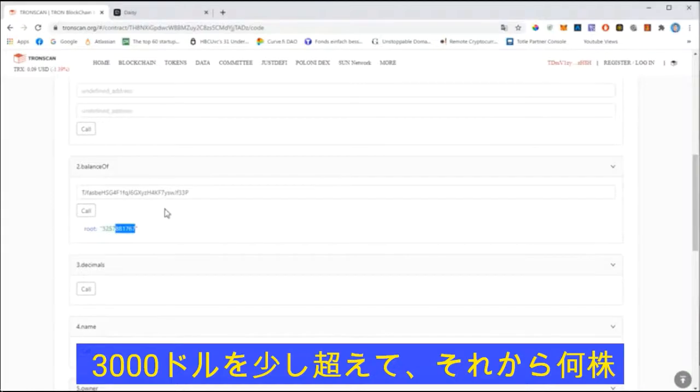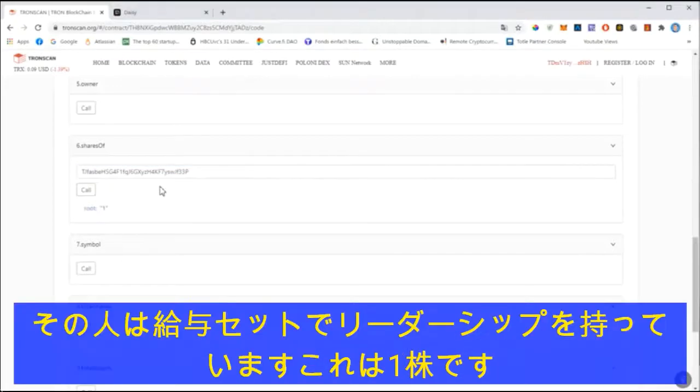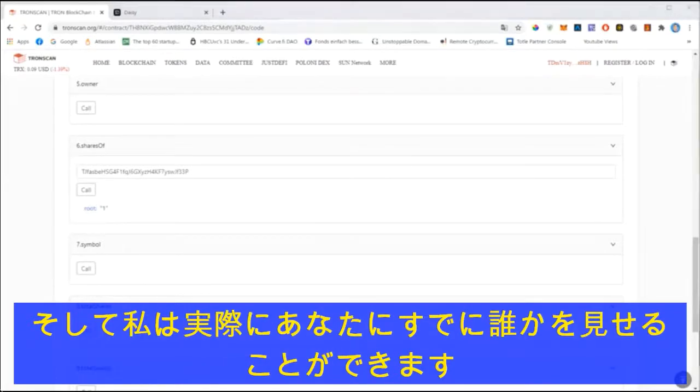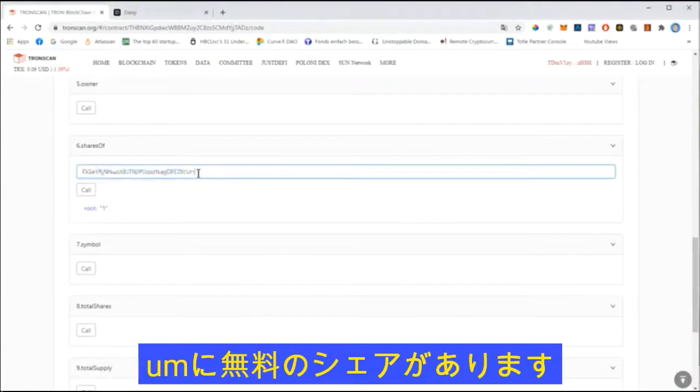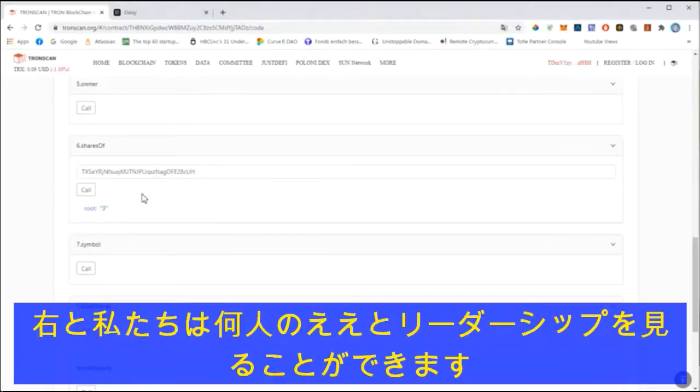So a bit more than $3,000. And then how many shares that person has in the Paysetter leadership. This is 1 share, and I can actually show you someone who already has 3 shares in the leadership, in the Paysetter leadership pool, right?